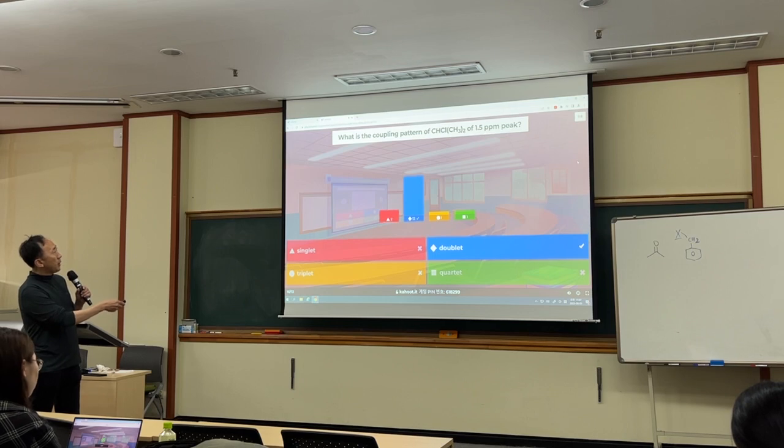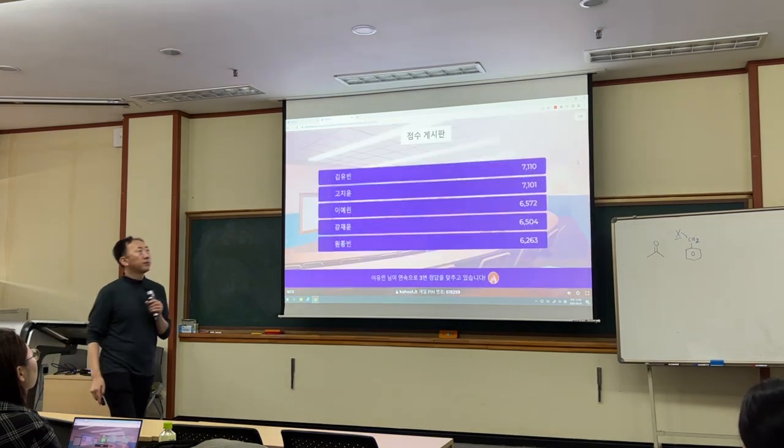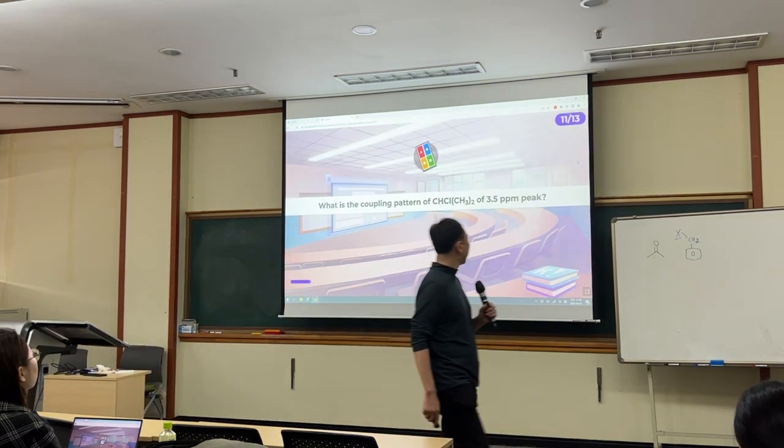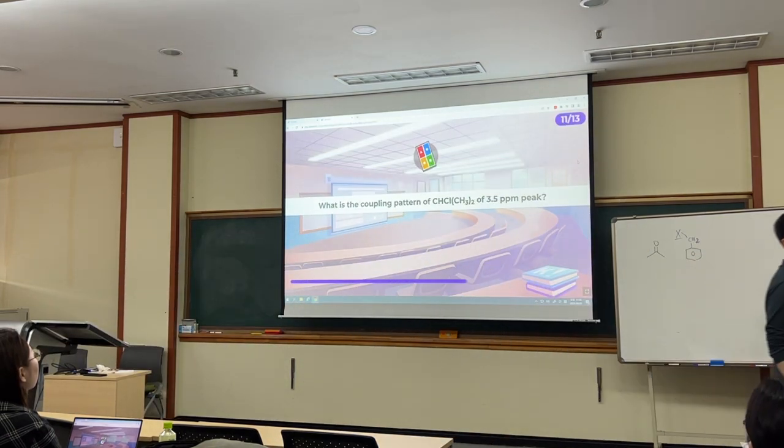ppm should be this big. Chloro is attached to here, so this big is coupling with this proton. So this proton is single, so you will get the W. Same molecule.